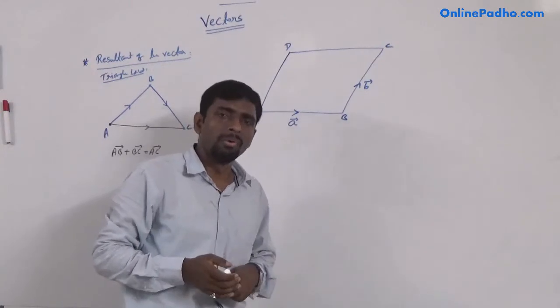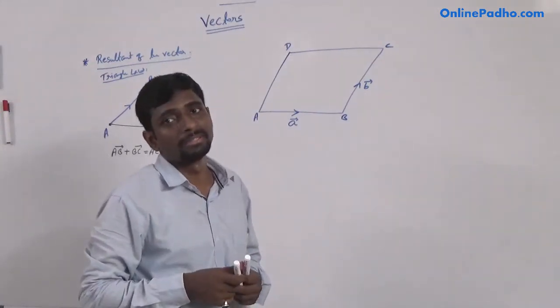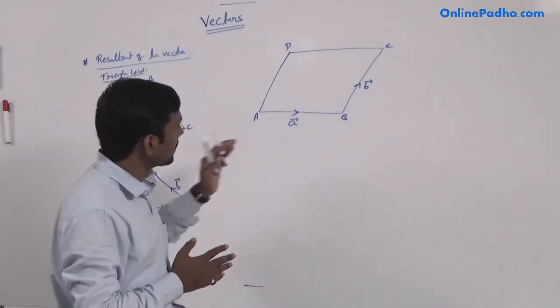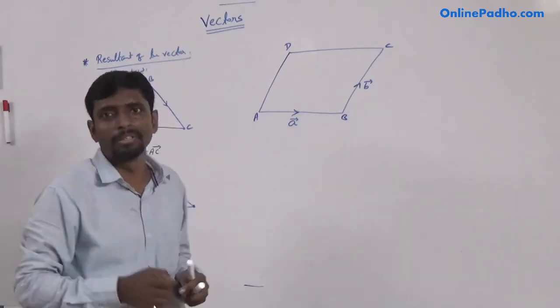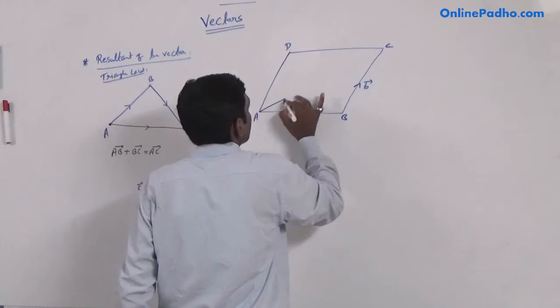So what is the vector quantity of diagonals? How can we represent, how can we relate the diagonals with A vector and B vector? This is the question. So let us see, we have a diagonal AC.